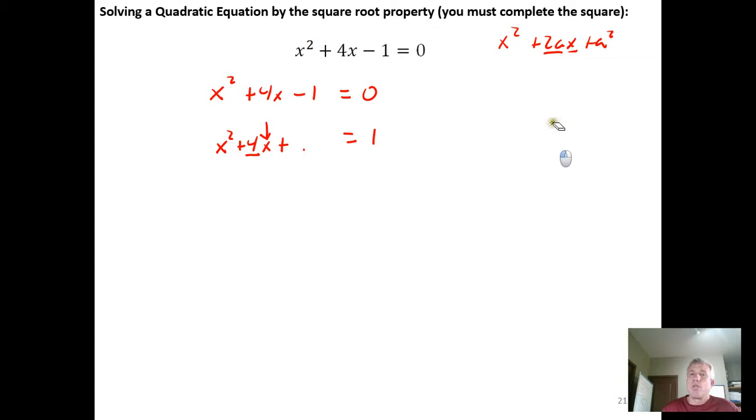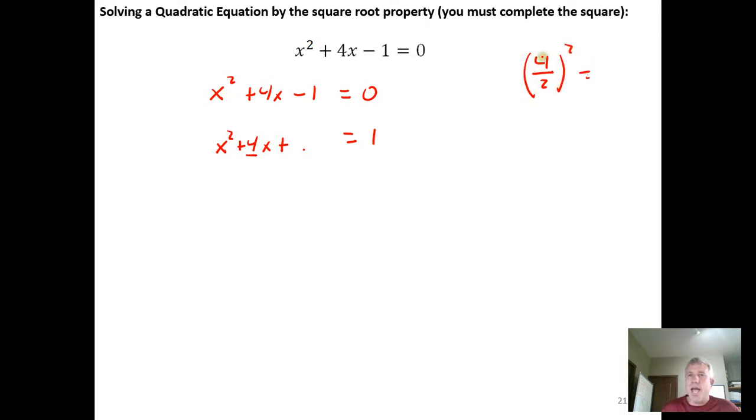So usually what you do is you just remember by repeated practice that the number that needs to get squared to complete the square is half of this coefficient on the x term. So I take the coefficient, and once I have halved it, I'm going to have to square it.